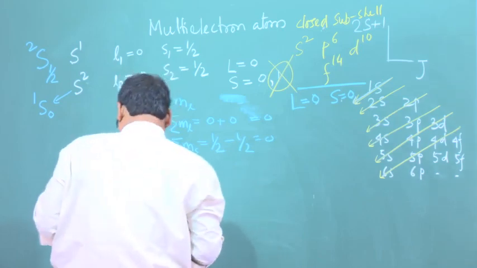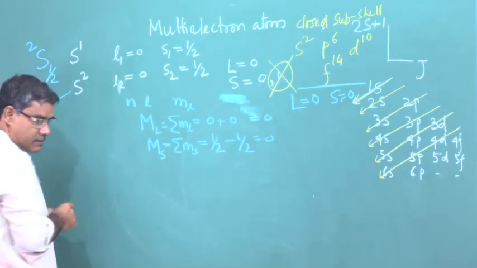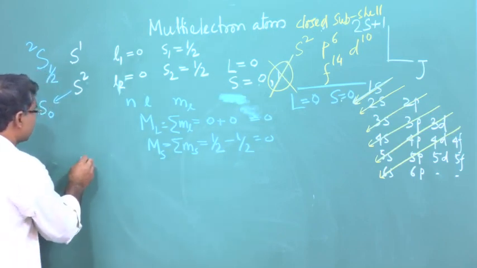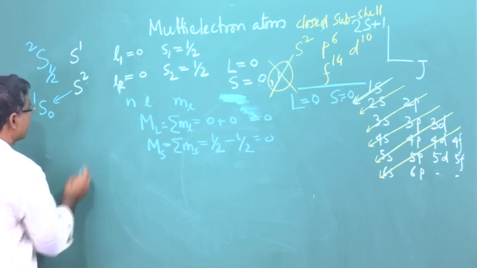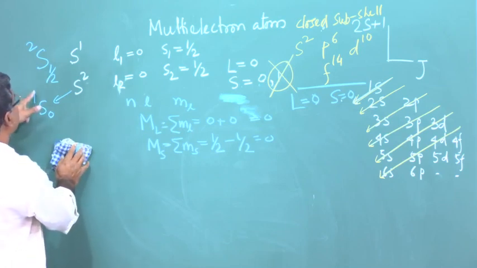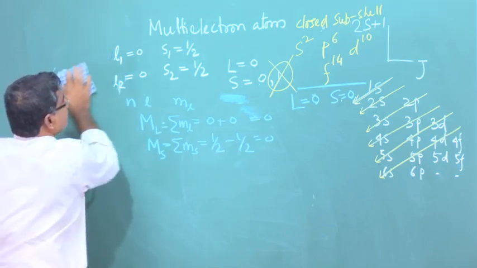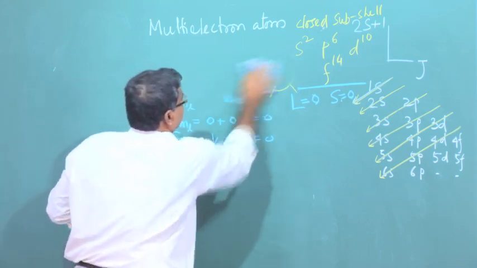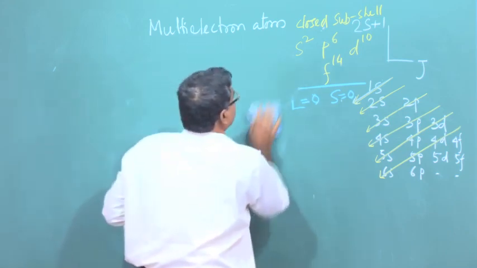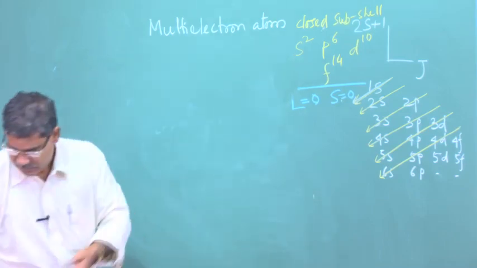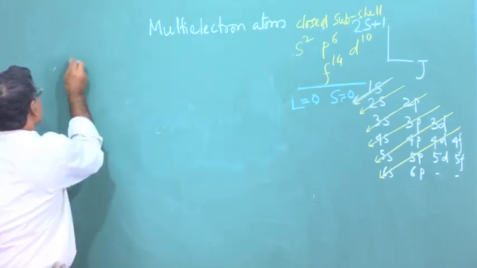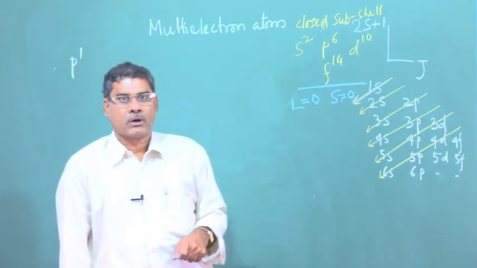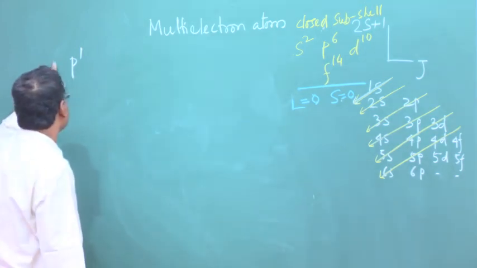Okay. Now, we will see for a p-electron. For a p-electron, say p1, and it can be 2 or 3 or 4, whatever, it does not matter.